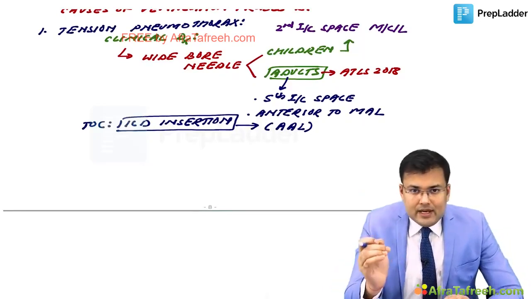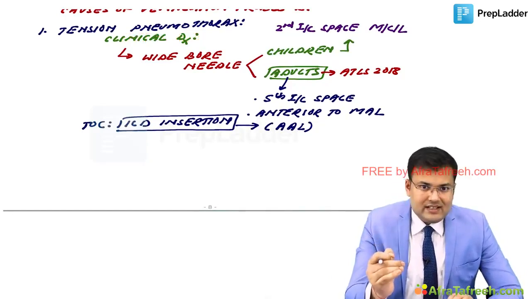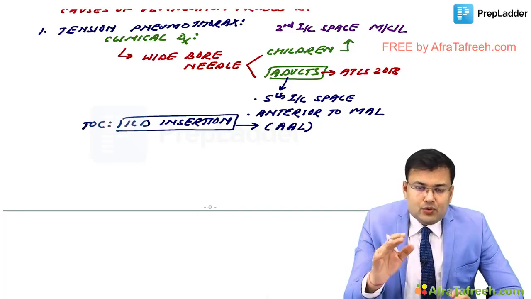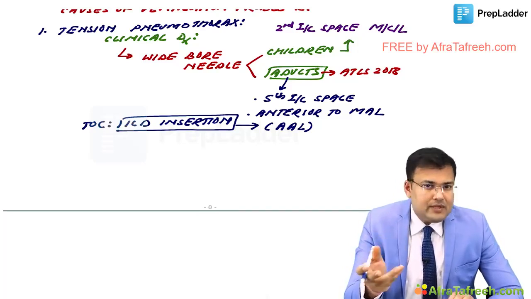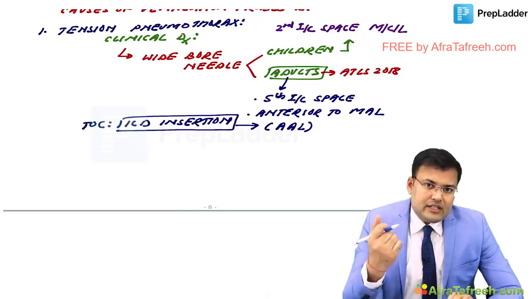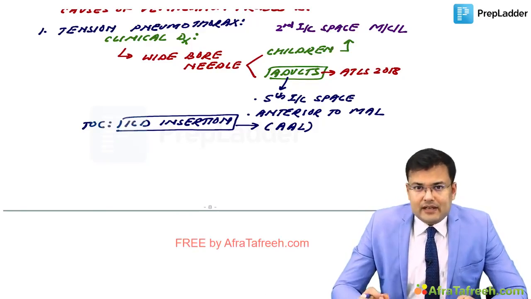The ATLS update of 2018 is already included in the latest edition of Schwartz, and this question was asked in AIIMS. The question was, what is the first step in a patient who is having tension pneumothorax and the patient was an adult? The wide bore needle insertion in second intercostal space or fifth intercostal space? So the correct answer is fifth intercostal space.